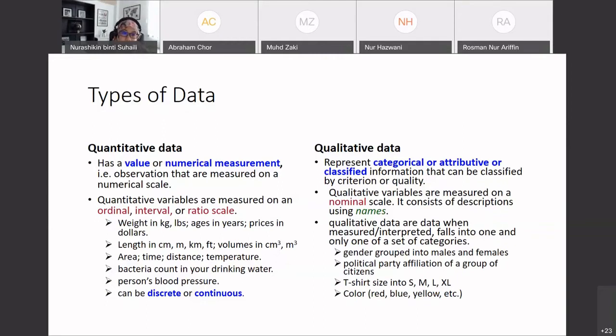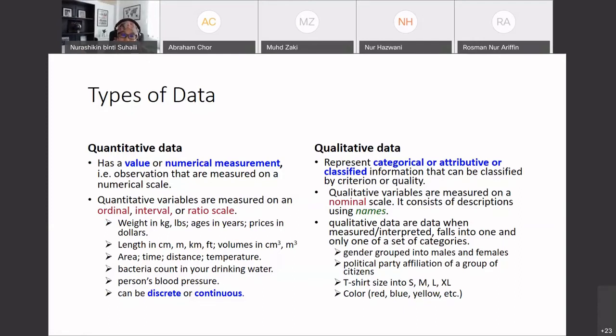For example, weight in kilograms, ages in years, prices in dollars, length, area, time, distance, temperature, bacterial count. In microbiology you study the bacterial count, and also blood pressure. This type of quantitative data can be discrete or continuous.